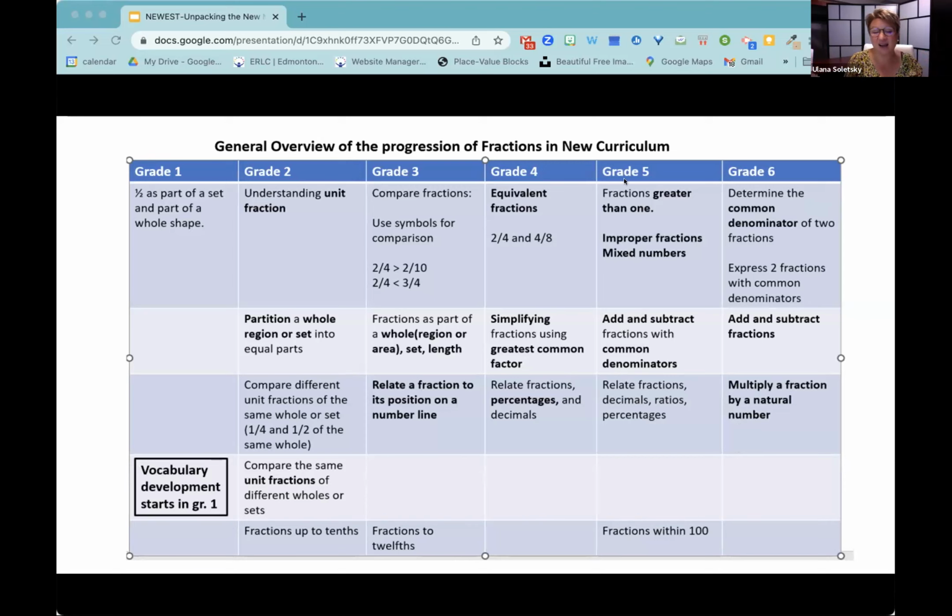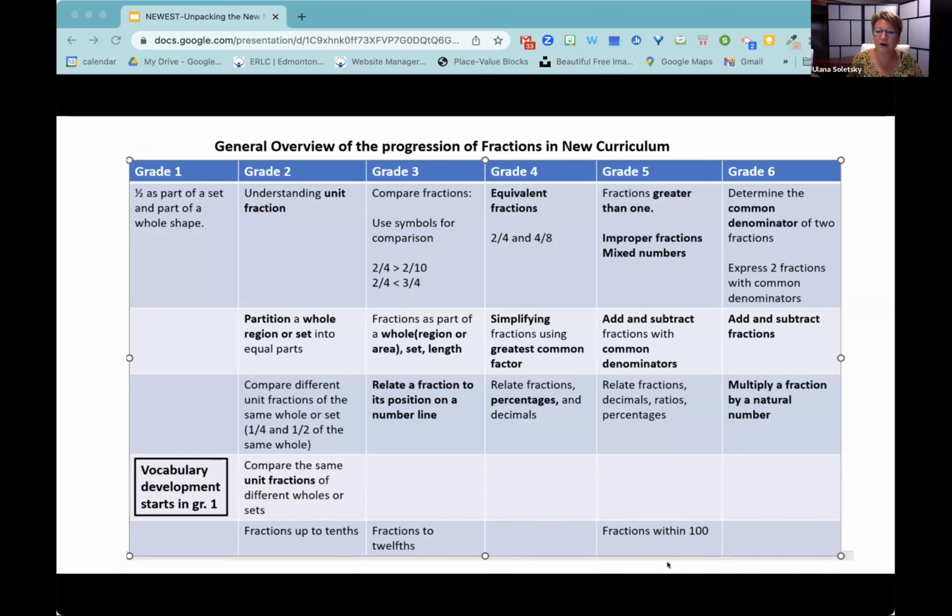Again, I kind of laugh because in grade 5, we start doing fractions within 100. Well, I think that people panic on that, but I want you to know that you should really stick to the decimal fractions because that'll make it easier. But yeah, kids need to know that with fractions, you can keep splitting things into equal parts, and you can go up to lots of denominators.